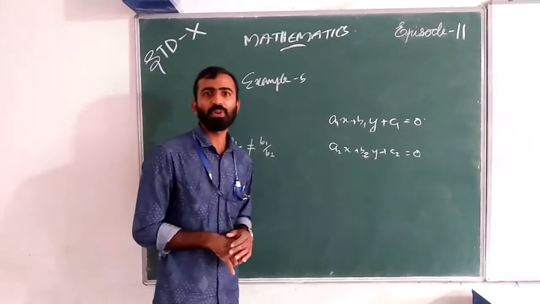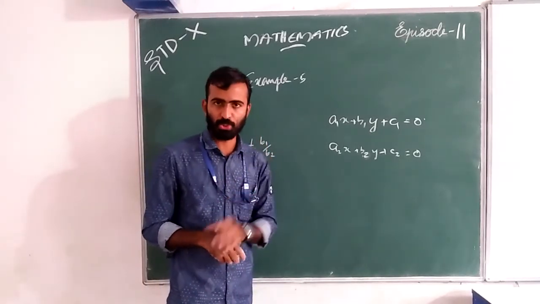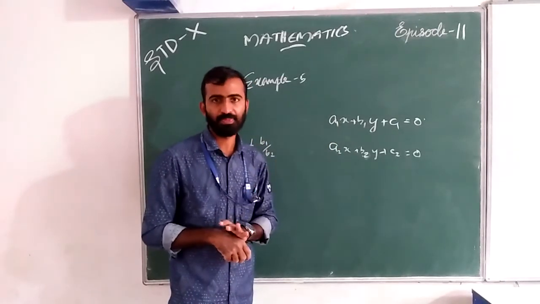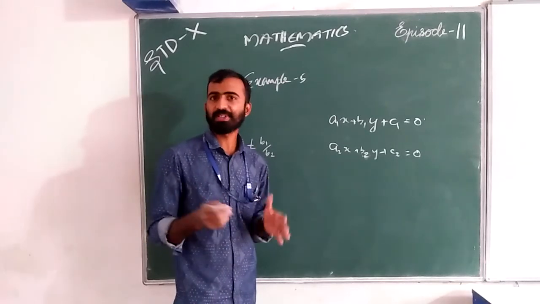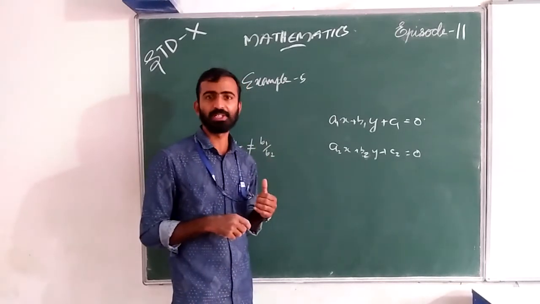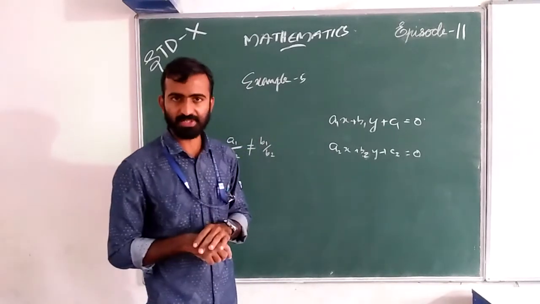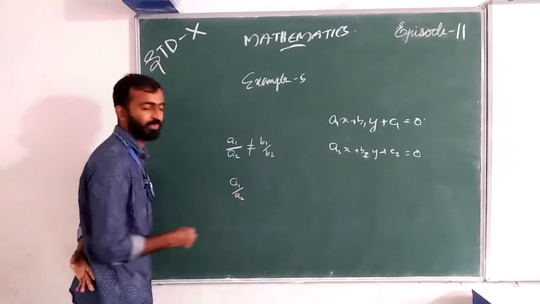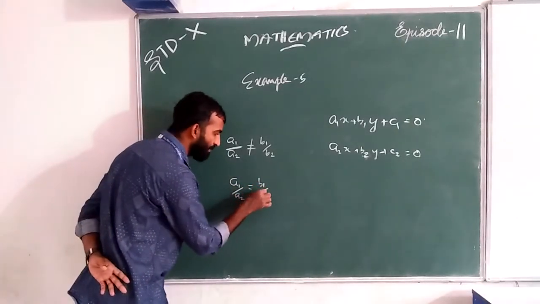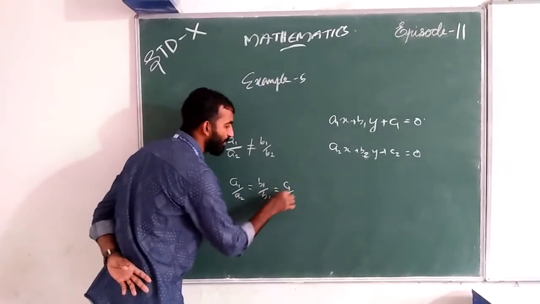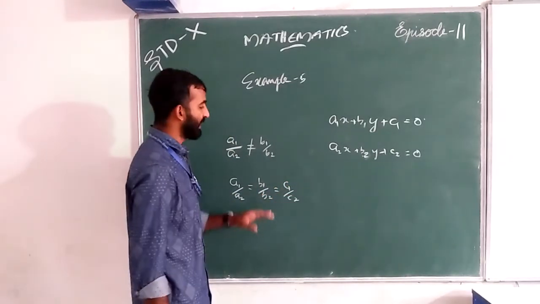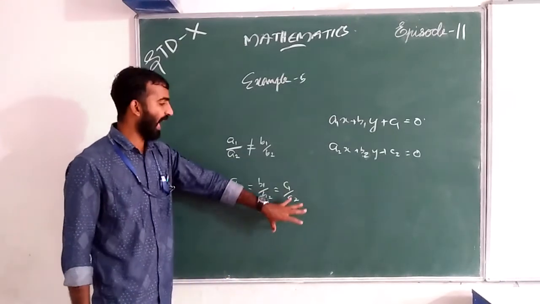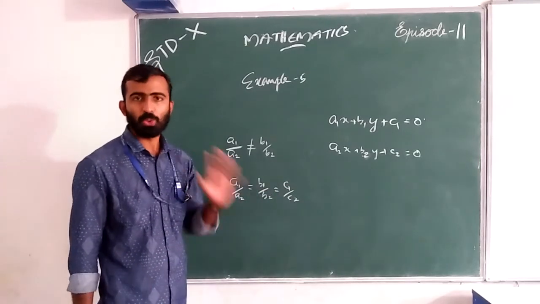Then there is exactly one solution and the graph is intersecting. The next one is a1 by a2 equal to b1 by b2 equal to c1 by c2. Then the graph is coincident and there are many solutions.